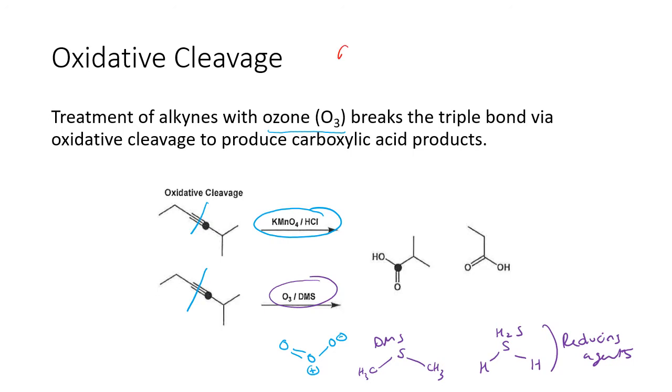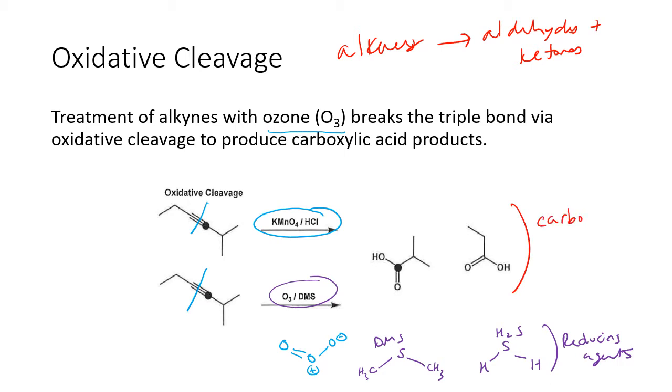Recall with alkenes that we formed aldehydes and ketones as our products. When we're dealing with alkynes instead of alkenes, we form carboxylic acids. These carboxylic acids are at a higher degree of oxidation than aldehydes and ketones are.